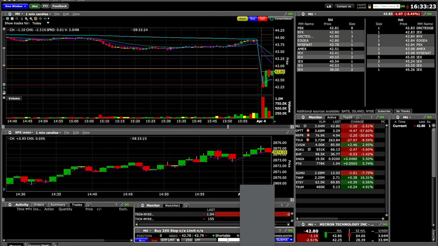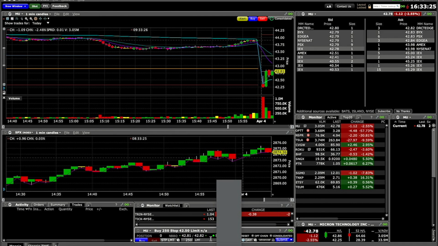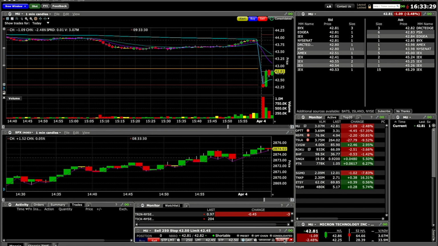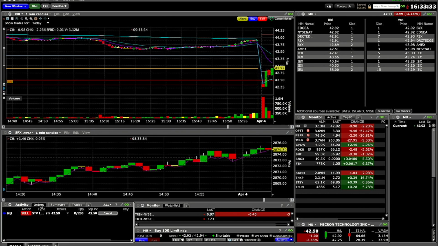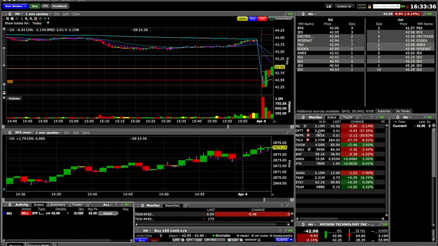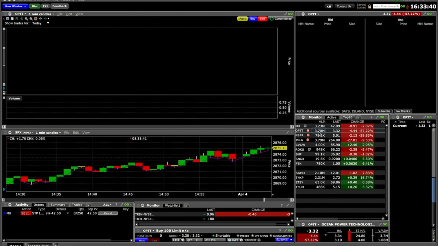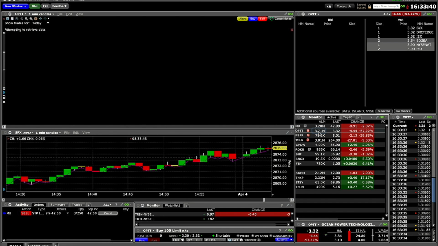I want to see the 42. You can see that we have a pivot there. We want to see that it's supporting and then MU crashing. If that's not going to happen, I will leave the trade to run. But for the meantime, let's set up a command and see what's going on.